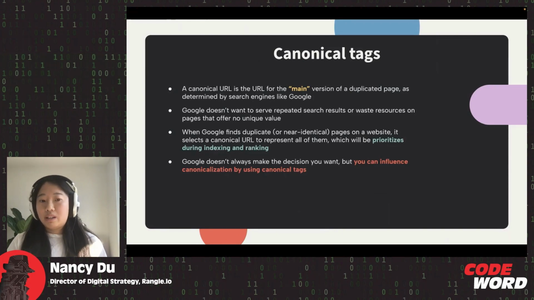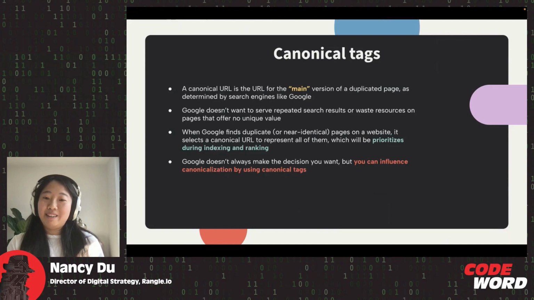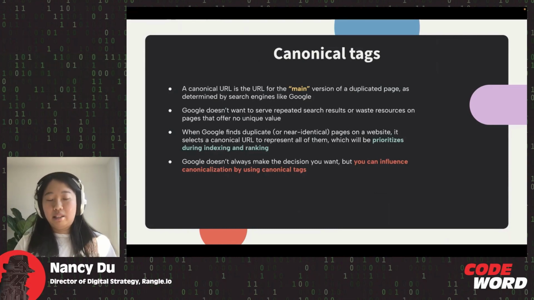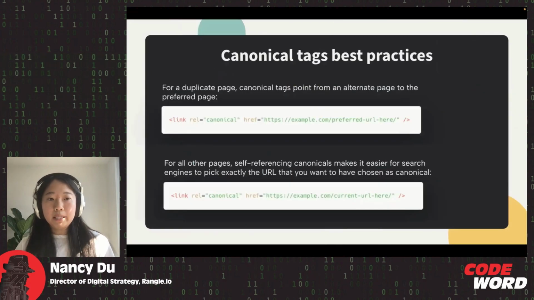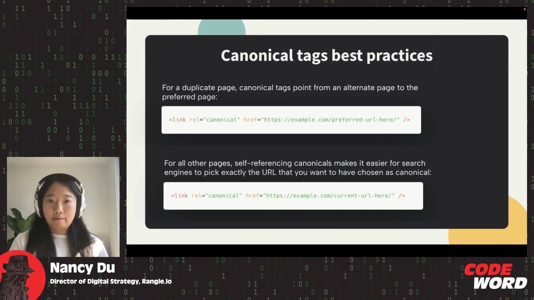So the good news is you can make that decision yourself and not leave that decision up to Google to make, by creating canonical tags in your pages. Some best practices around canonical tags: if you do have duplicate pages or pages that have relatively similar content, it's best to pick one main page or the preferred URL that you want to send traffic to.